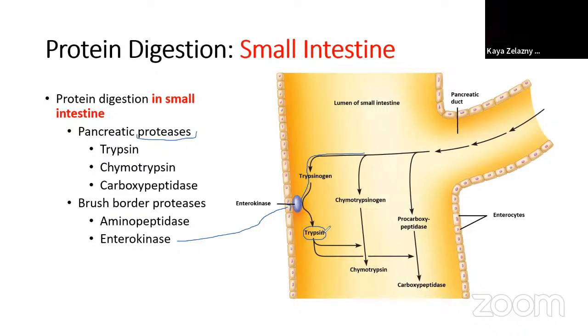Then trypsin goes through and activates our other proteases that we need to break down food. You can see it here activating chymotrypsinogen into chymotrypsin. And it's also activating procarboxypeptidase. That doesn't end in "inogen," but it's also an inactive form, so it's activating that into carboxypeptidase.